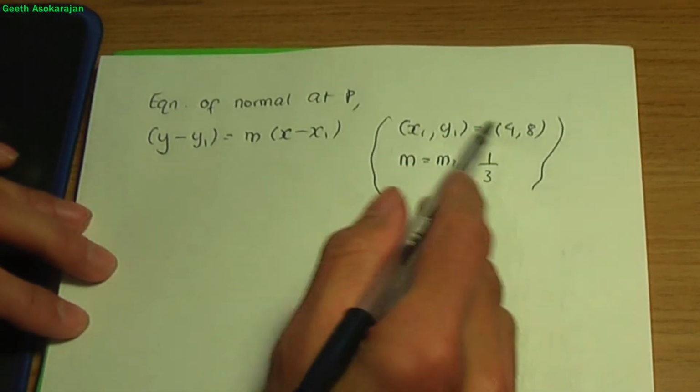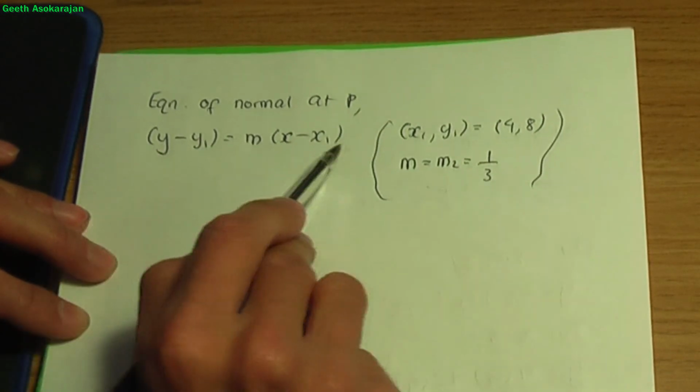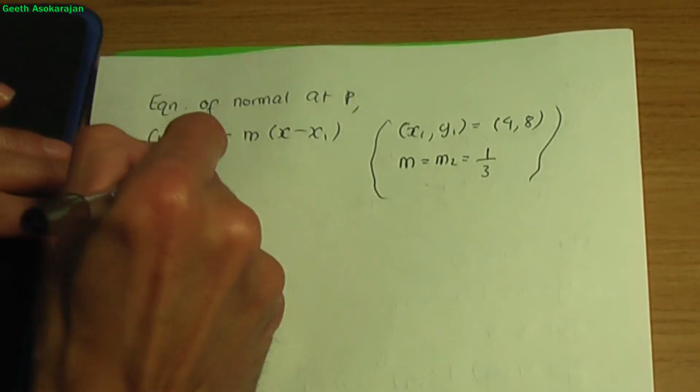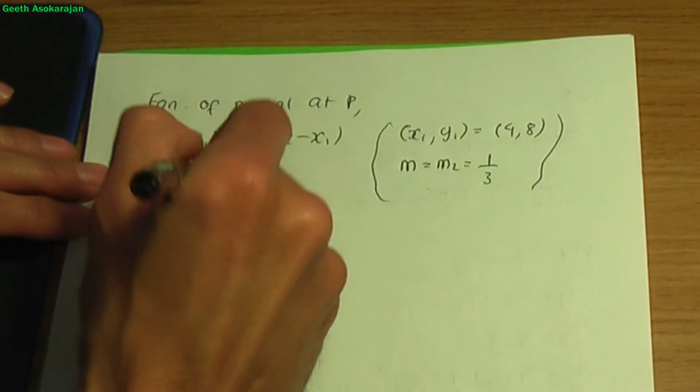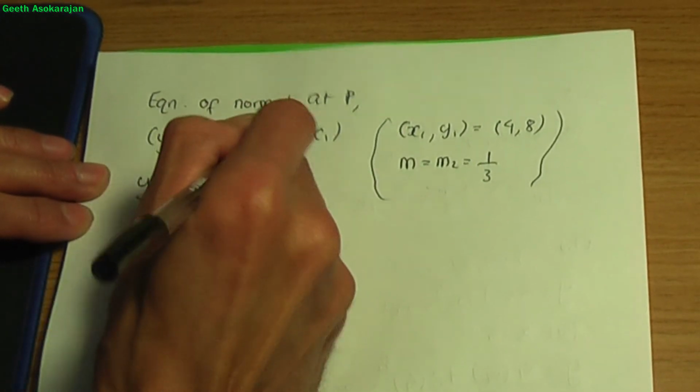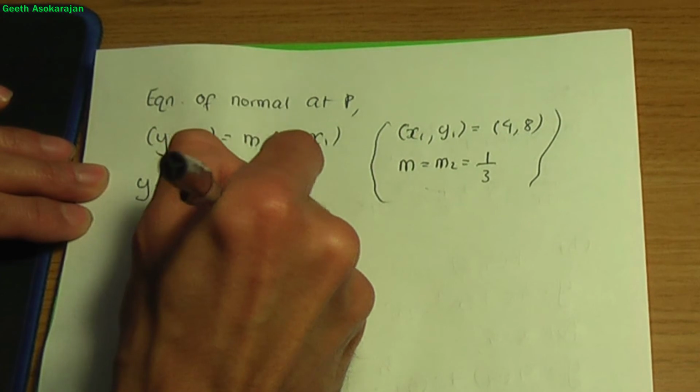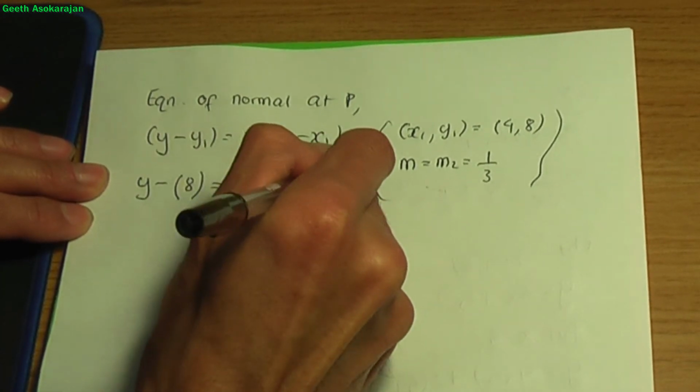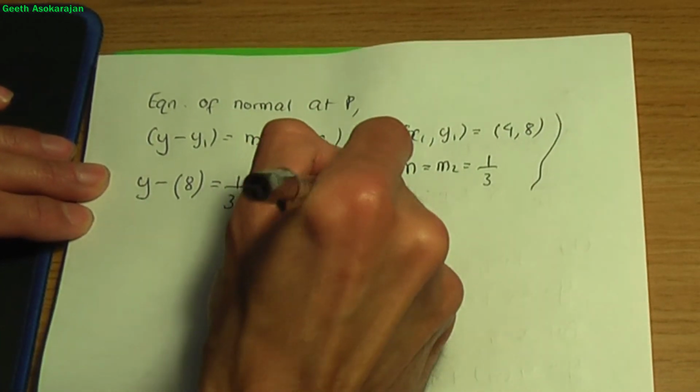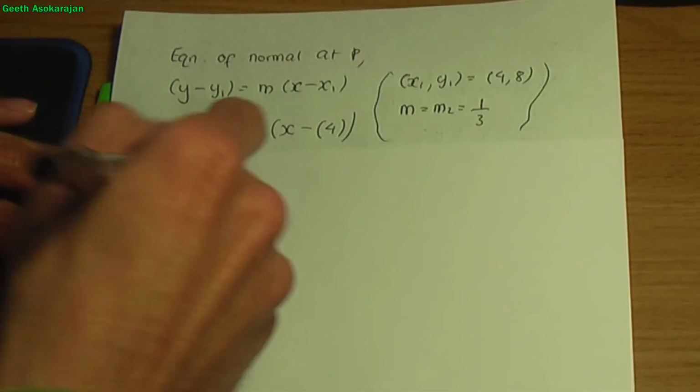So we have everything that's required. Let's put that into our formula. So y minus y1, which is 8, is equal to m, which is 1 over 3, times x minus x1, which is 4. Let's get rid of the brackets.